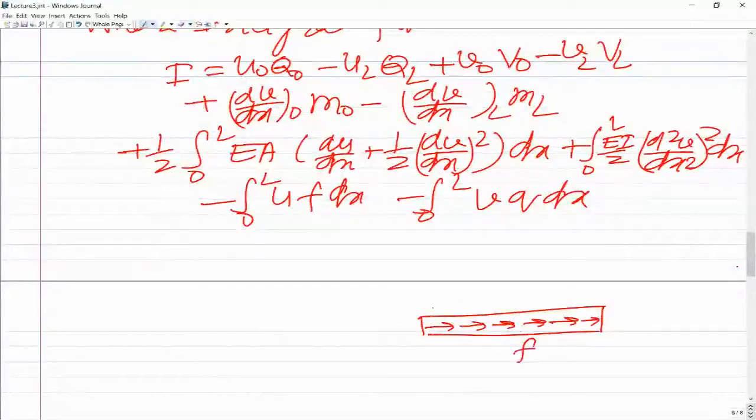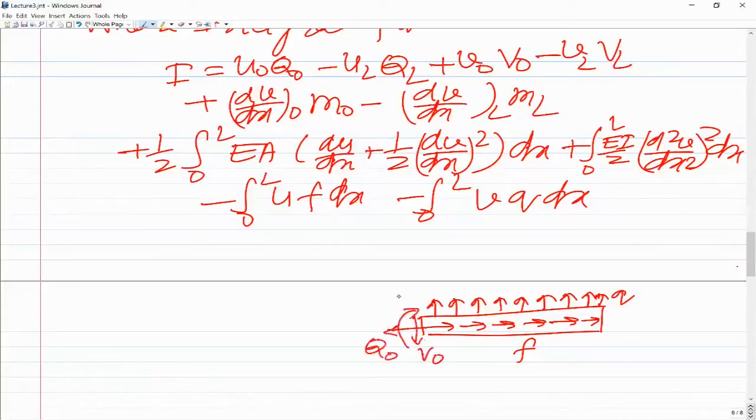So this is f, and this is q. The boundary forces would be here Q naught, V naught, M naught, and this side capital QL, VL and ML. So these are forces. So you can directly identify the potential of all these forces.